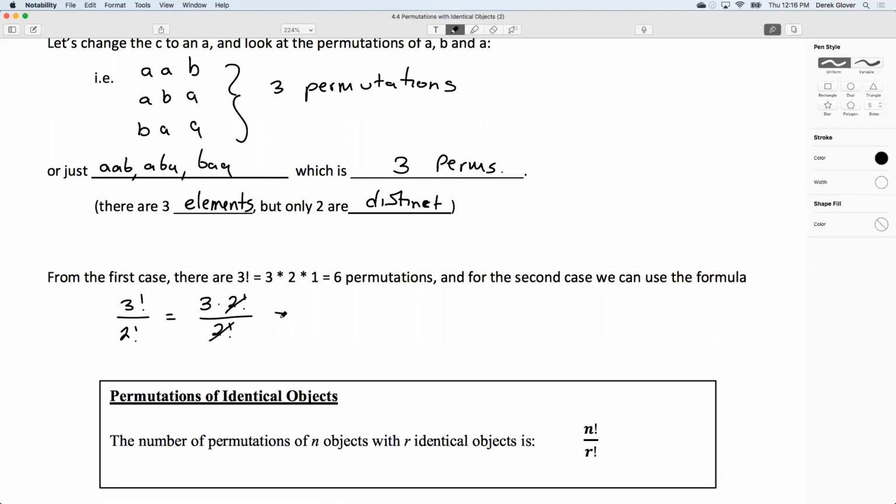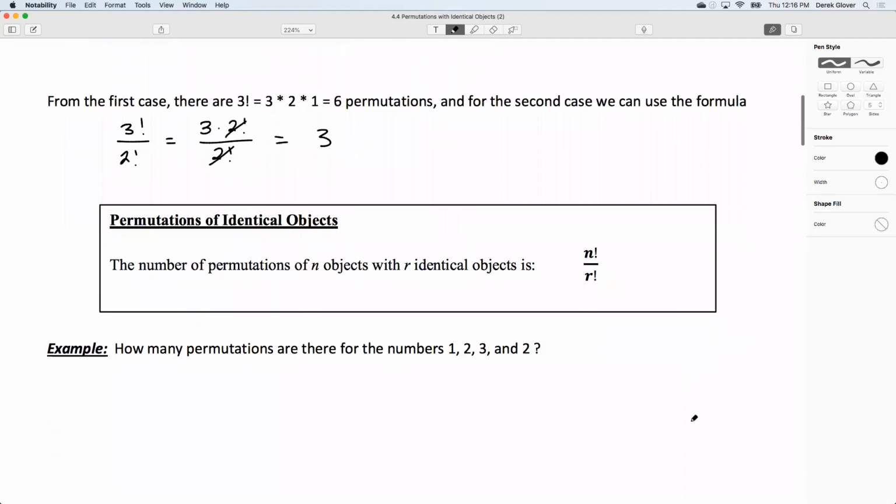The 2 factorials will cancel and we'll be left with just 3. This is the number of permutations we had when we repeated a digit. And if you're wondering why we did this, well, 2 factorial ties into the number of A's we had. 3 is the number of letters we had. And so we've kind of indirectly figured out a strategy for dealing with this, and that's actually the formula.